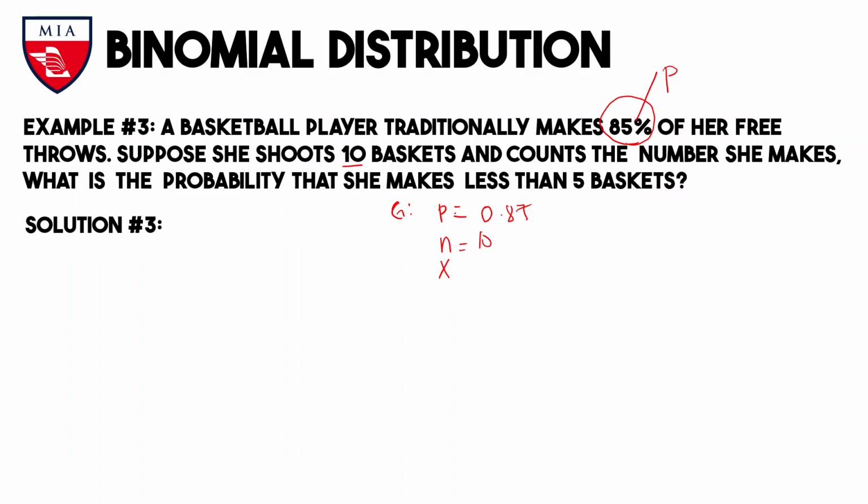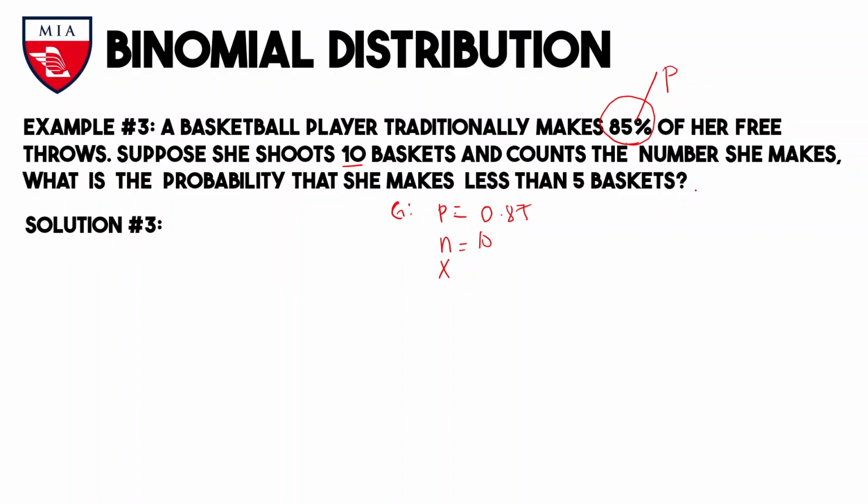And what is the value of our x? Is it equal to 5 or not? Let's read the problem again. What is the probability that she makes less than 5 baskets? So we need to find the probability of numbers less than 5. Always remember, in a probability distribution, you will start with 0.